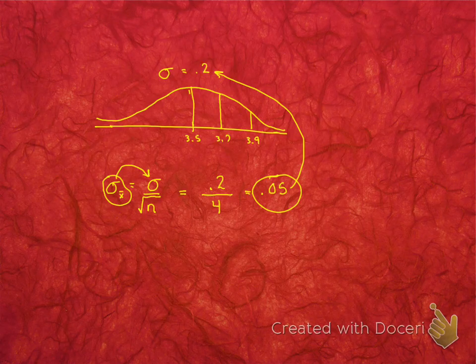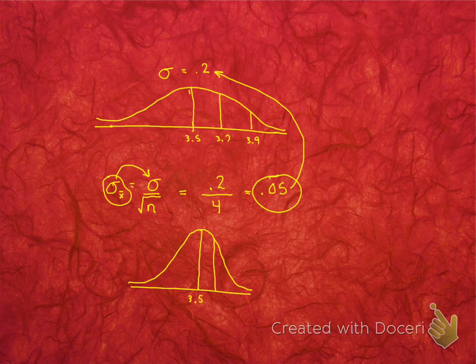Okay, so the graph then would have the same mean right here in the middle of 3.5, but the next standard deviation would be 0.05 greater than that. So it would be 3.55. Okay, and then we'd add 0.05 to get the next standard deviation.